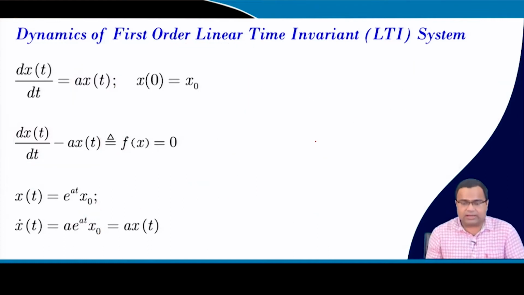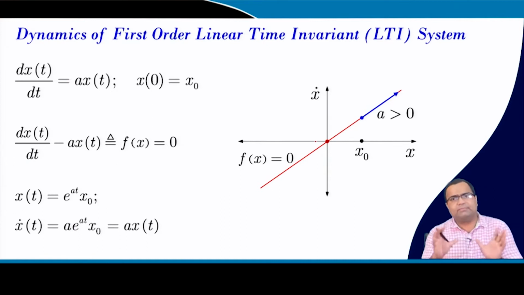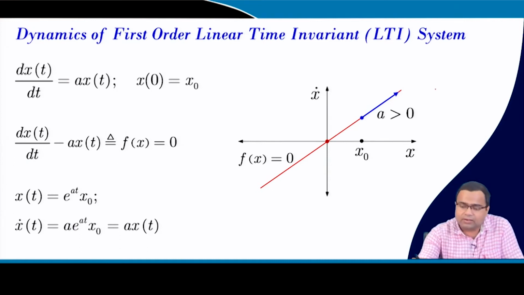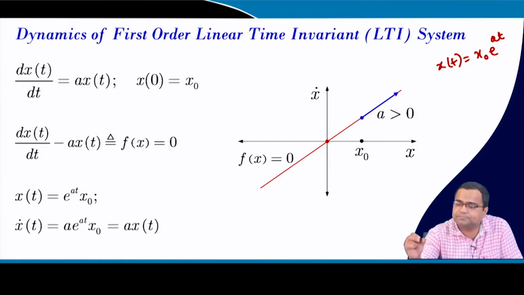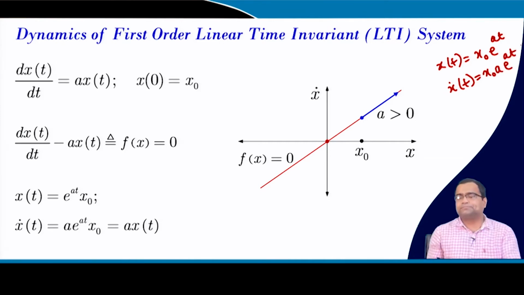Now, if we consider A to be positive, the same thing, then we know what our x of t is. It is again x0 into e to the power At. X dot t will be x0 into A into e to the power At.